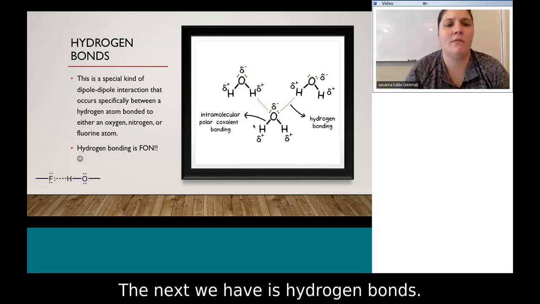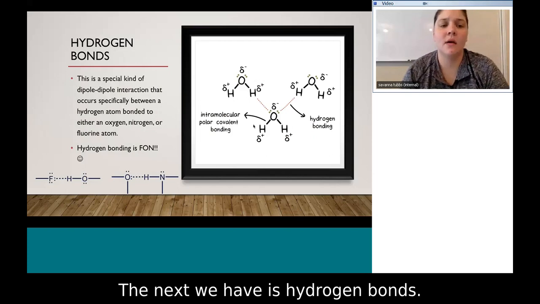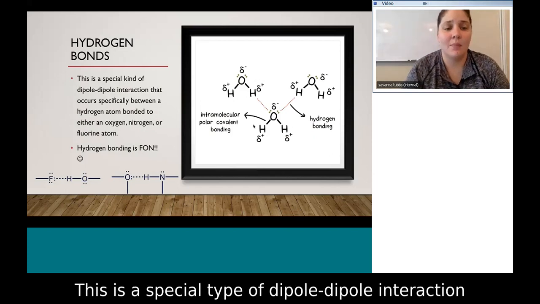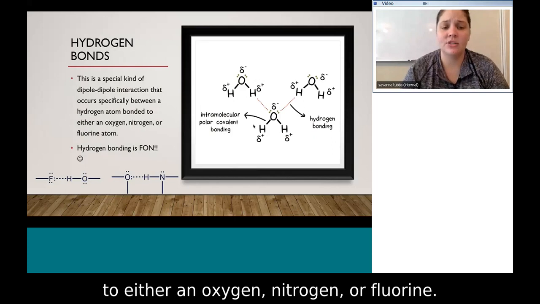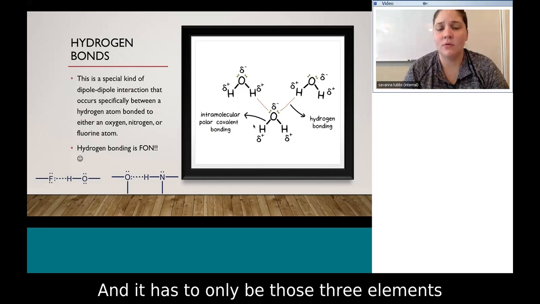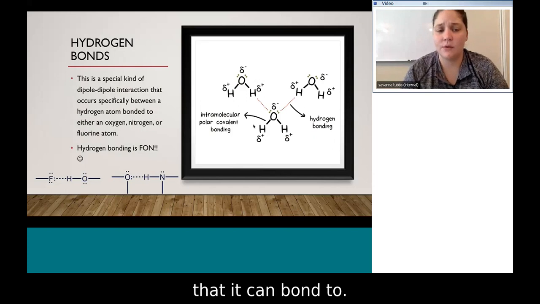The next we have is hydrogen bonds. This is a special type of dipole-dipole interaction that occurs specifically between a hydrogen atom bonded to either an oxygen, nitrogen, or fluorine. It has to only be those 3 elements that it can bond to.